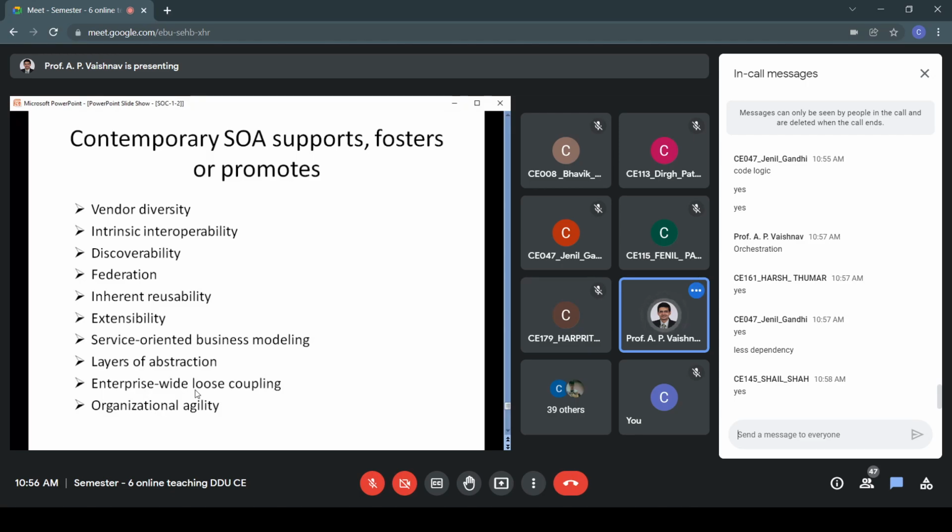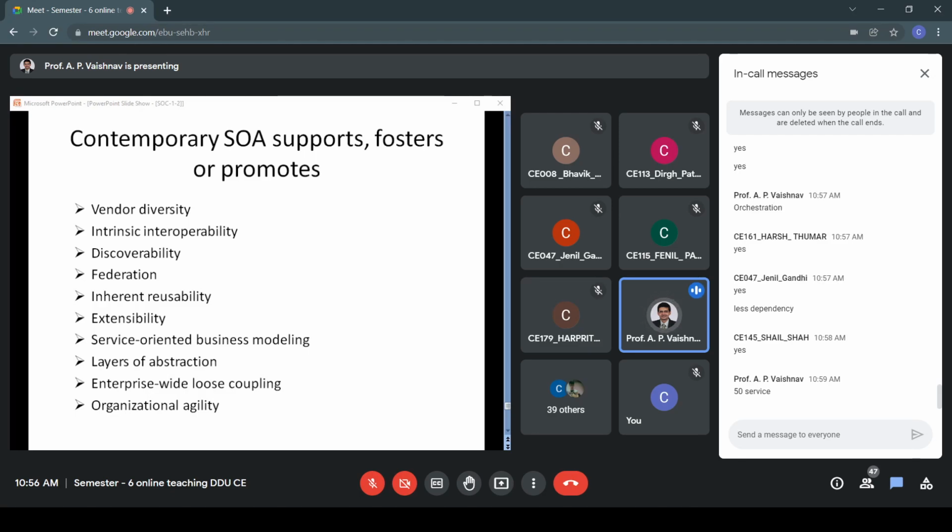If it is an invoice system, the invoice service can invoke the account service whenever the accounting task is required. It is not always remaining connected. This is known as enterprise-wide loose coupling. Suppose I have 50 services in my solution.